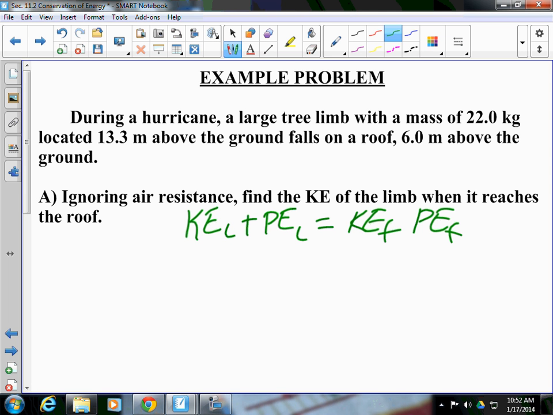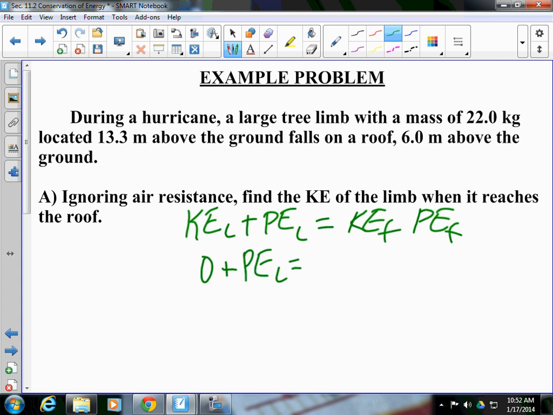KEi, that's the kinetic initial energy. Is the tree branch moving before it falls? No. So therefore, our kinetic energy is 0. Plus PE initial. Do we have potential energy? You bet we do. So we're going to leave that in there.